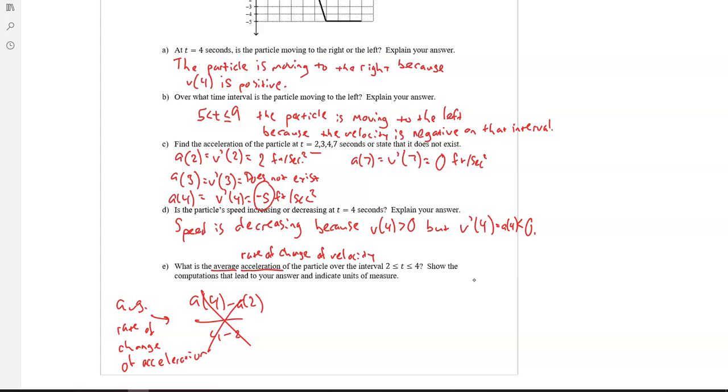We don't have a formula yet for the average acceleration, right? We do have a formula for the average rate of change of something. In this case, we'll do the average rate of change of velocity, so that's the same as acceleration. So, average rate of change of velocity, which would be v of 4 minus v of 2 over 4 minus 2.